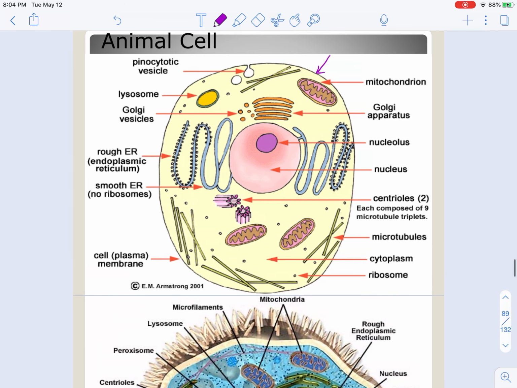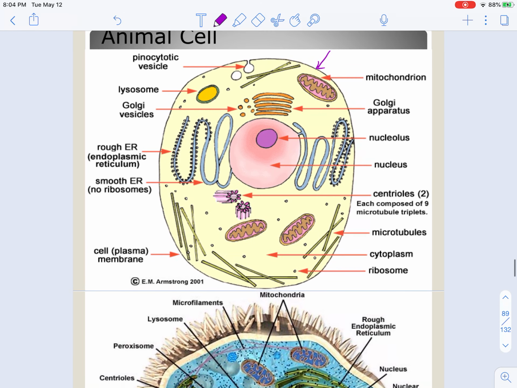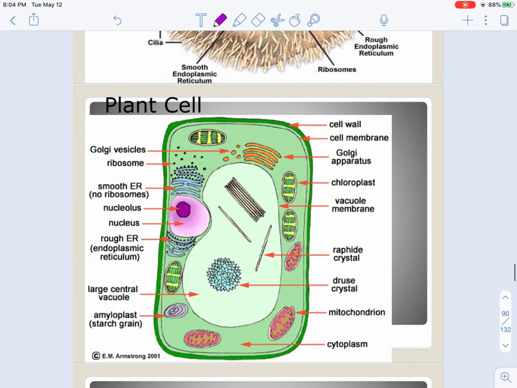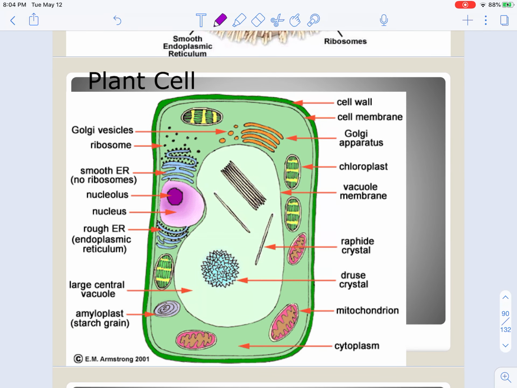And in animal cells, I just don't see a vacuole in this photograph very well, like this vesicle is a vacuole, but it's really tiny. In plants, the vacuole tends to be very large. So right here you can see a very large vacuole almost takes up a majority of that cell.